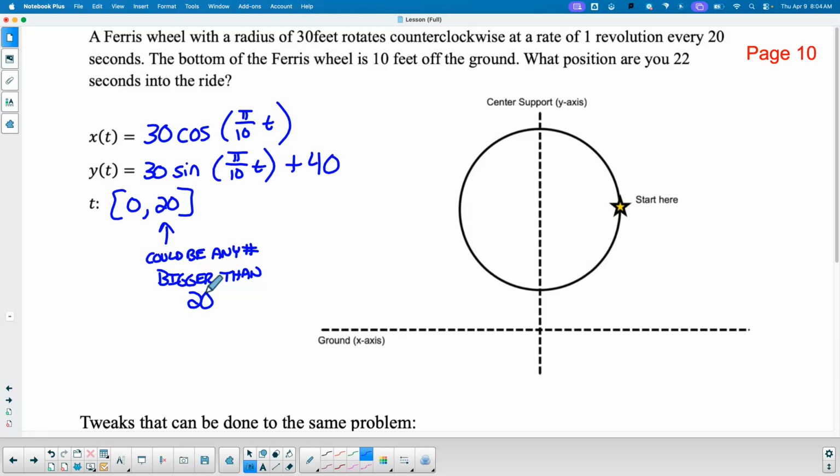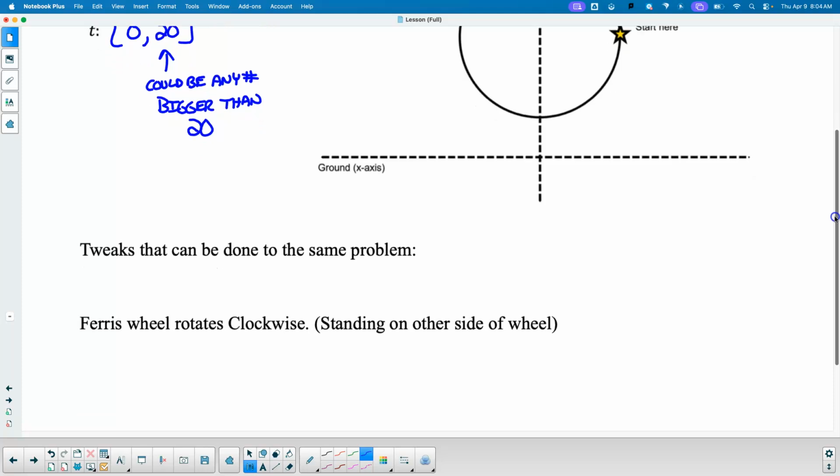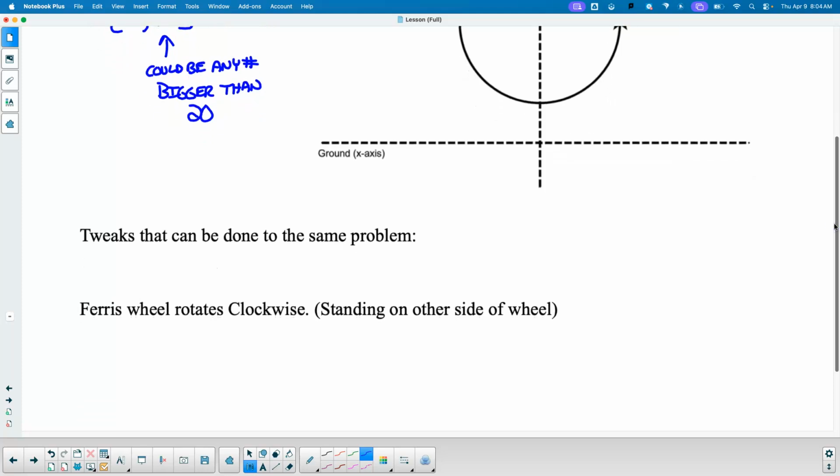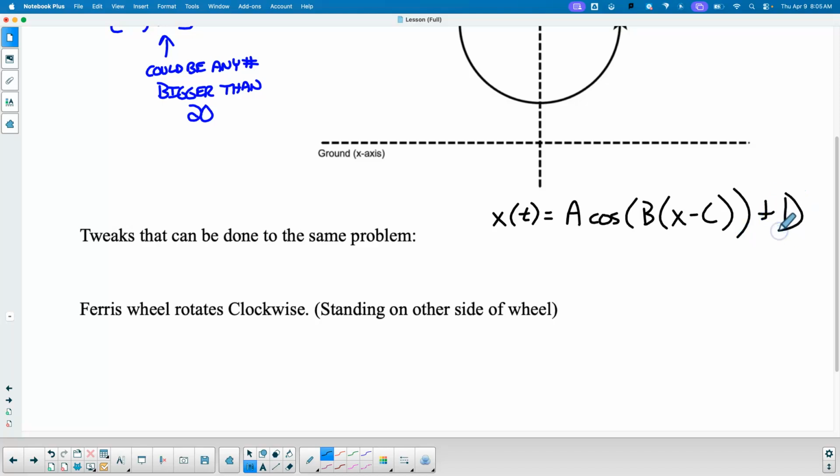And how we make that adjustment is, remember, we had x of t being a cosine of b times the quantity t minus c plus d, and we had y of t equaling a sine of b times the quantity t minus c plus d, right?